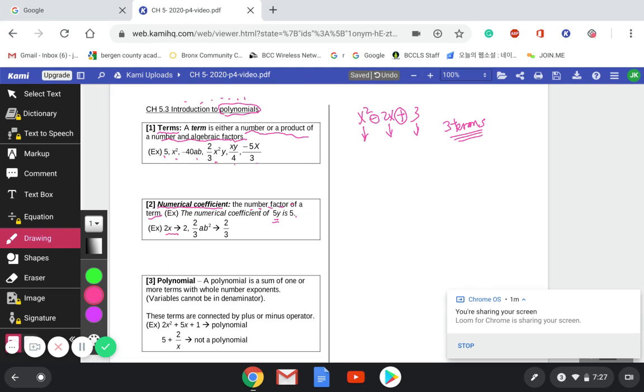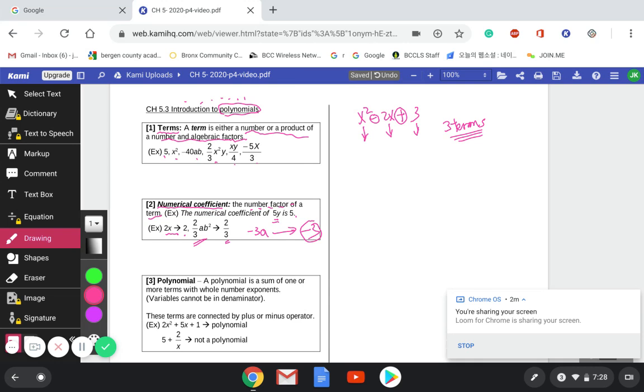Numerical coefficient of 2x is 2, so number portion only. Numerical coefficient of 2/3 ab squared is 2/3. Also, numerical coefficient of negative 3a would be negative 3. So the numerical coefficient contains the sign as well.